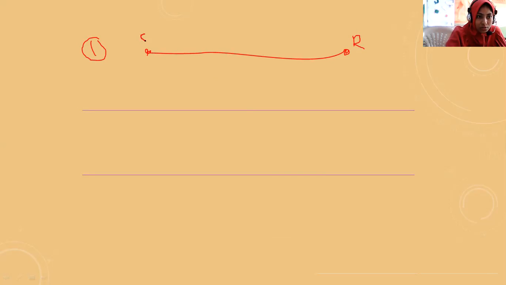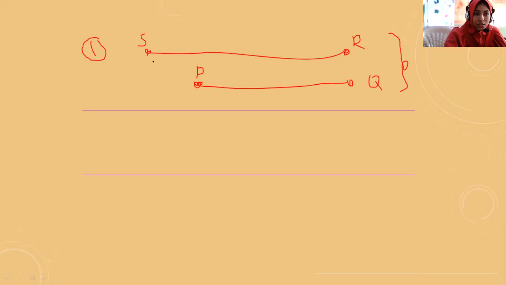Then I make another line, which is starting from P here and then ending at this point. Now observe both the lines and say whether they are parallel or not parallel.